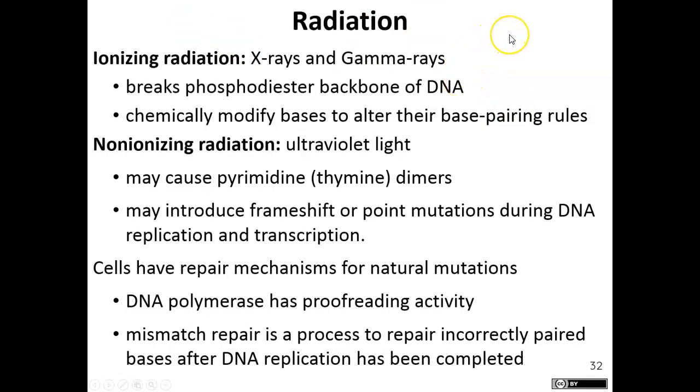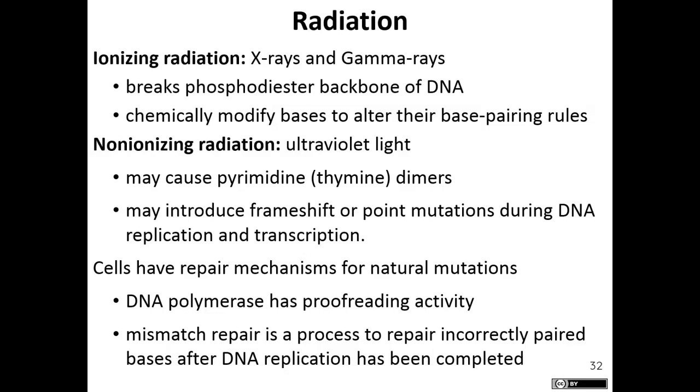So what are some of these types of radiation that we have? Ionizing radiation, like gamma rays or X-rays, is going to break the backbone of DNA and cause the DNA to basically break up into little pieces. Whereas non-ionizing radiation, or ultraviolet radiation, causes thymine dimers.